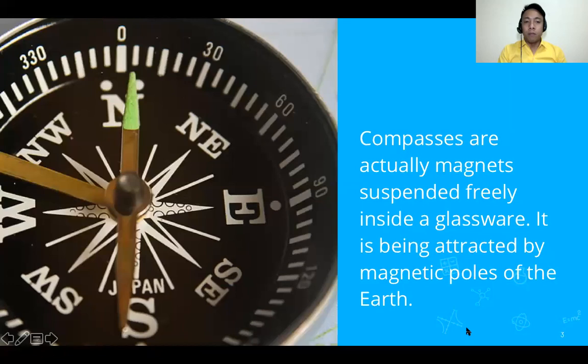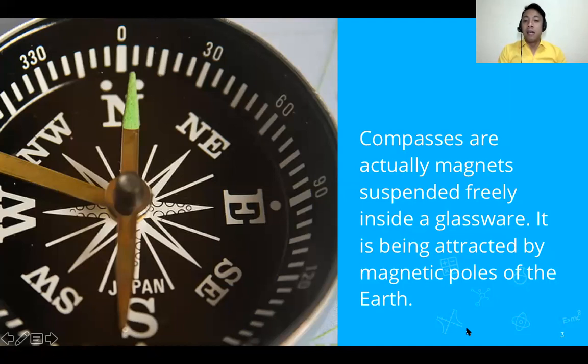A compass is not really new to us, right? So we already know what a compass is. A compass is used to find the right direction. It's because this one is related to the magnetic fields of our planet, the Earth.